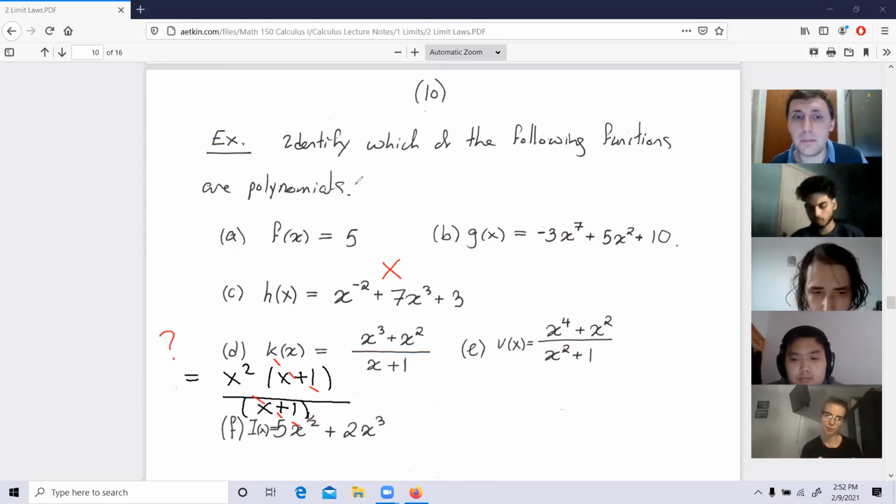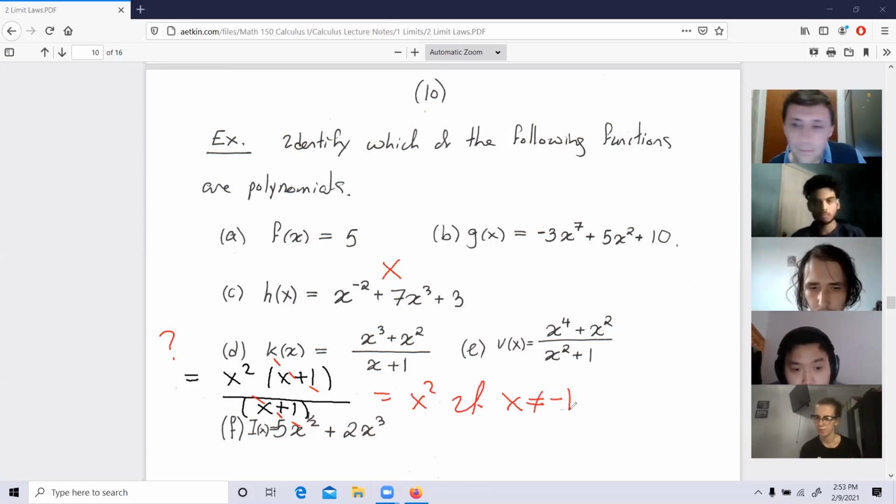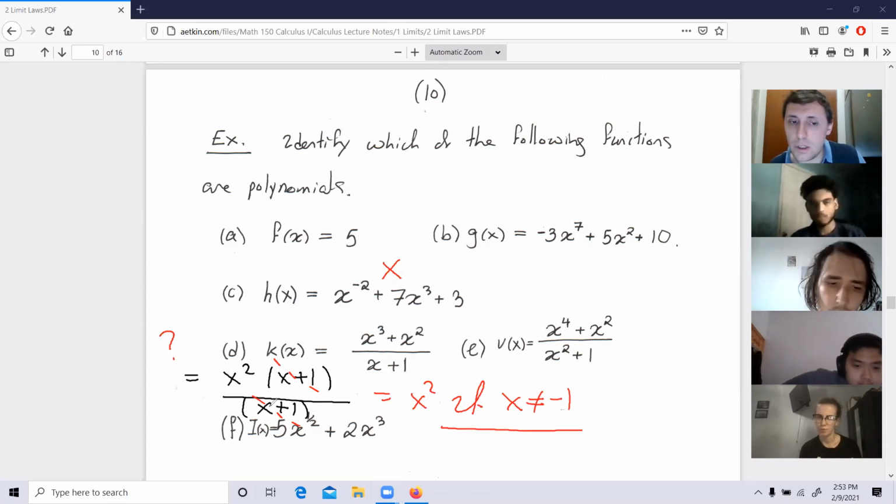A number divided by itself is 1. When I cross things out, guys, I'm saying a number divided by itself is 1. But except 0. 0 divided by 0 isn't 1. 0 divided by 0 is undefined. You see? So this equals, look at it, x squared if x isn't equal to minus 1. That's the if. Okay? Because if x is equal to minus 1, x plus 1 is 0 divided by 0.